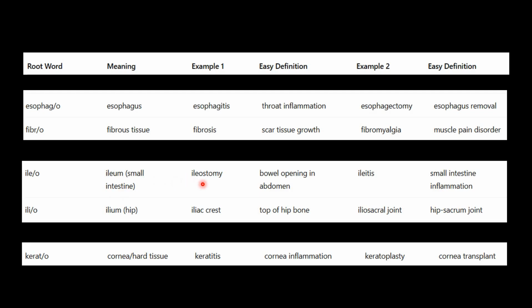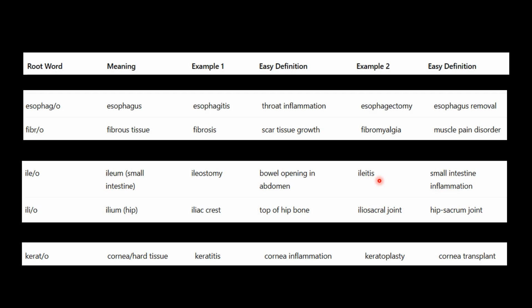The example is ileostomy, sorry, not ectomy, it's ostomy, ileostomy, which denotes a bowel opening in the abdomen. For any medical purpose, if a bowel opening is performed in the abdomen, then in that case we will use the terminology ileostomy, which contains the root word ileo.